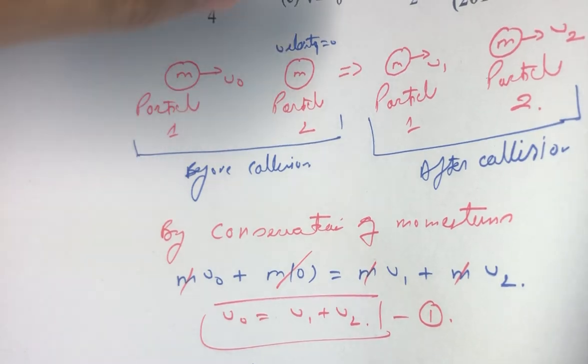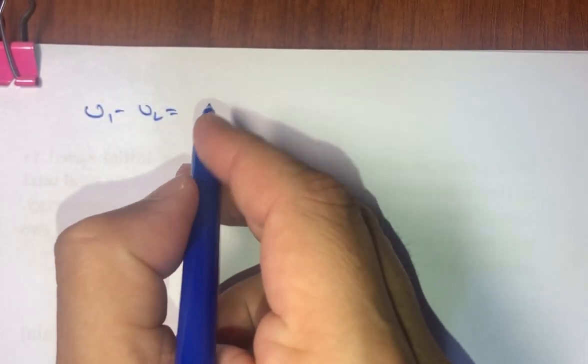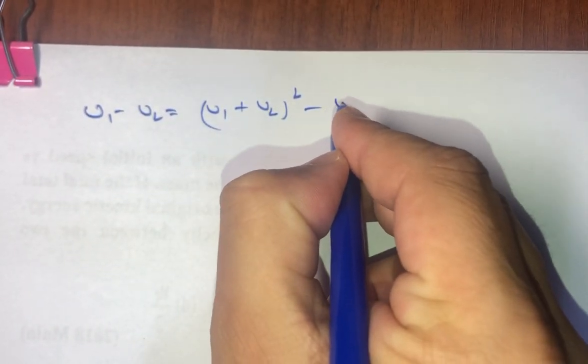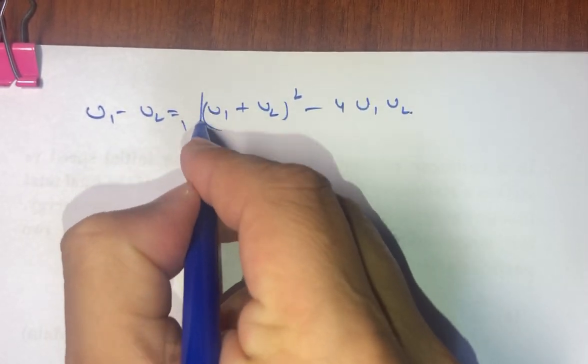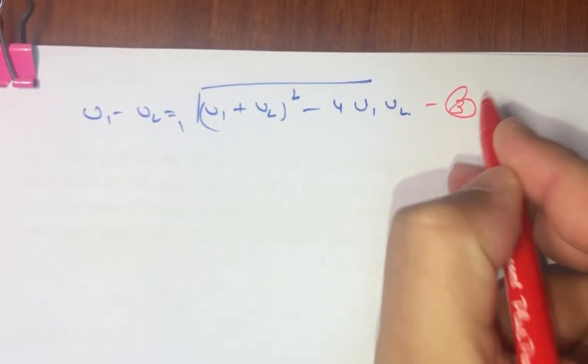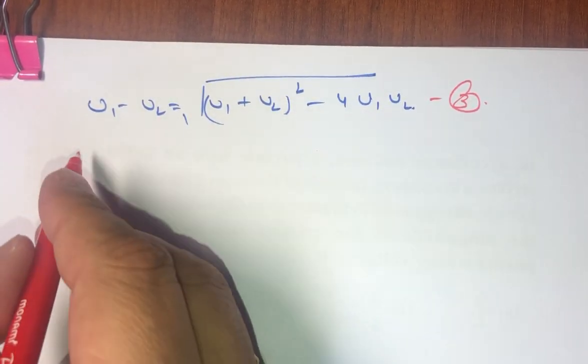Now we can arrange this v1 minus v2 according to the given equations. So we can say v1 minus v2 can be written as the square root of (v1 plus v2) whole square minus 4 v1 v2. Let us call this equation number 3, and let us solve this part first.